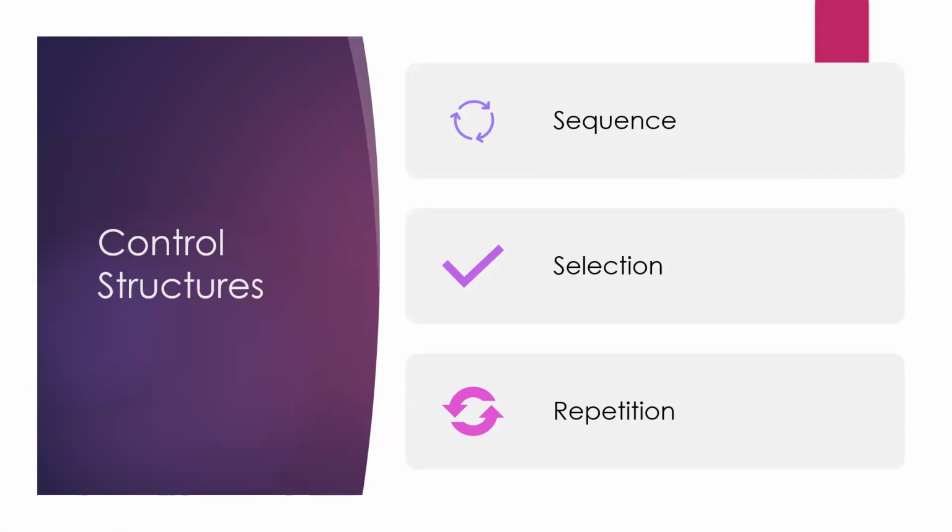Used when developing algorithms. It's the flow chart we drew last. Write it down after that. There are three types of control structures used when developing algorithms.